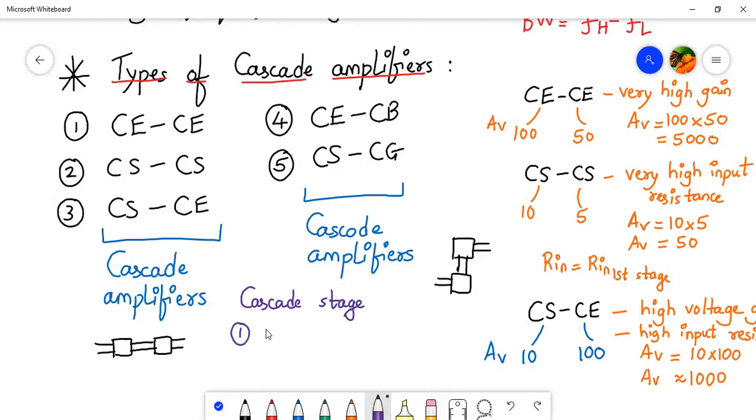Number one, DC analysis. We have to know how to do the DC analysis of individual stages.